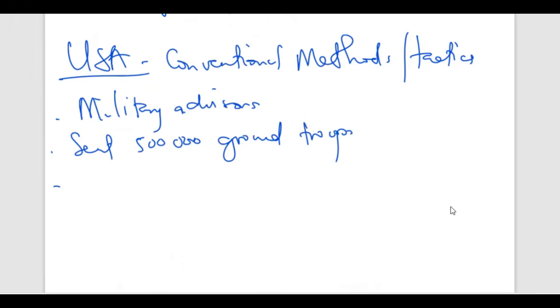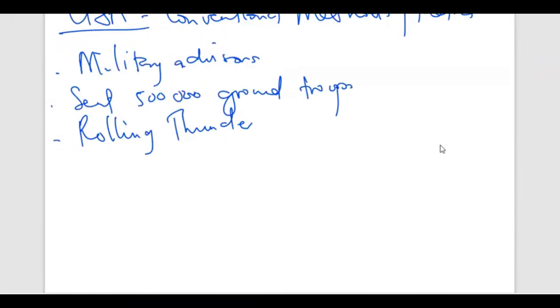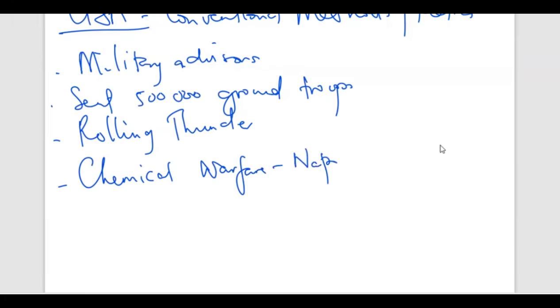They instituted Rolling Thunder. Then they also instituted chemical warfare, and here specifically they were using napalm.